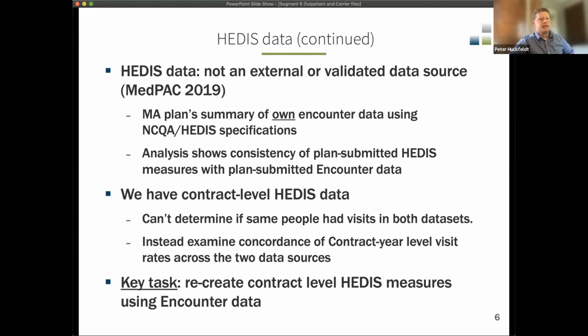Instead, what we're doing is looking at the concordance of the contract year level of visit rates across the two data sources. So essentially what we're saying is, what are the visit rates from a given Humana plan in the encounter data compared to the HEDIS data?